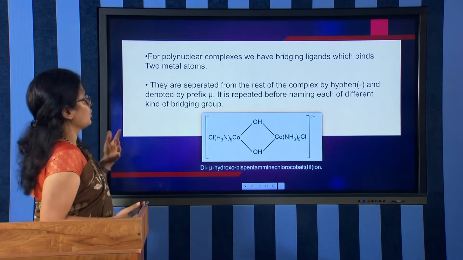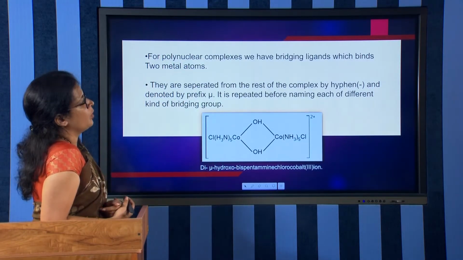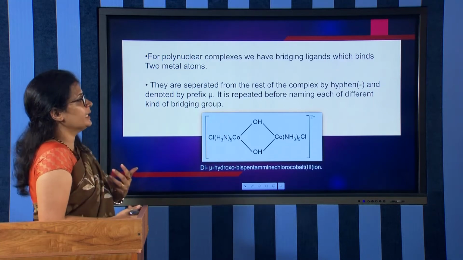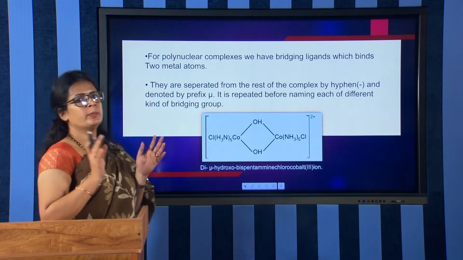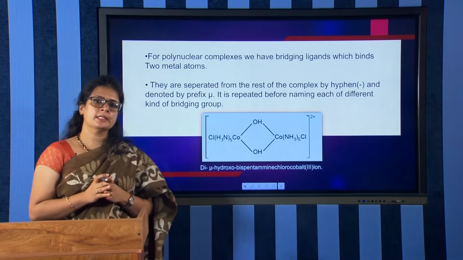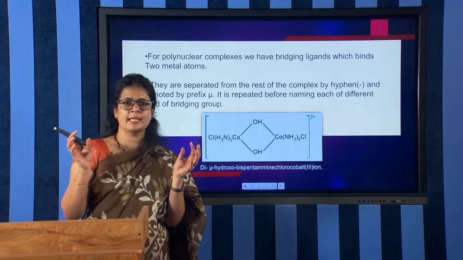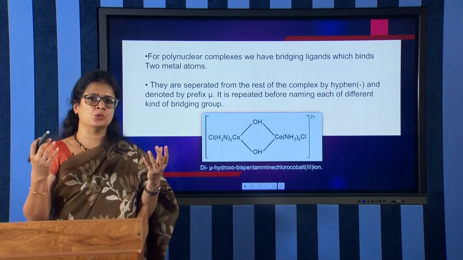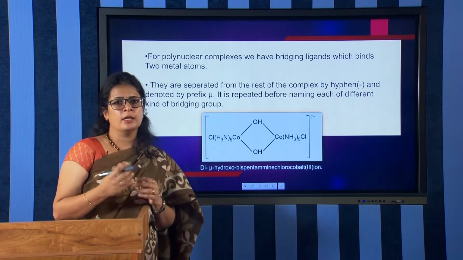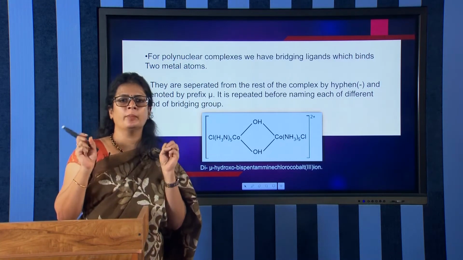Next rule, for the polynuclear complexes, we have bridging ligands, which bind the 2 metal atoms. Polynuclear means there are 2 metal centers. Poly means more than 1, so we have at least 2 metal centers.